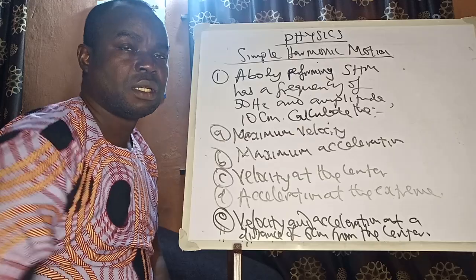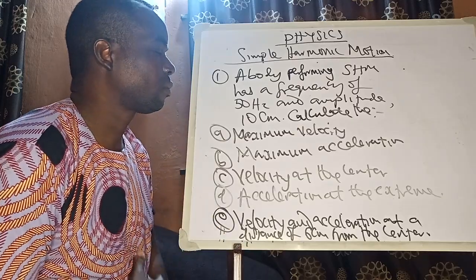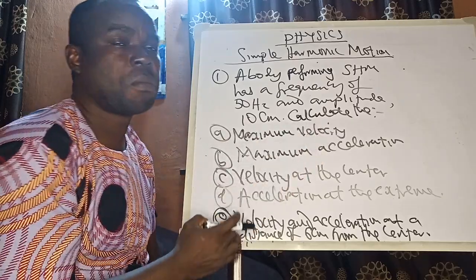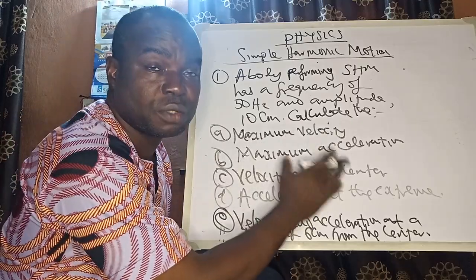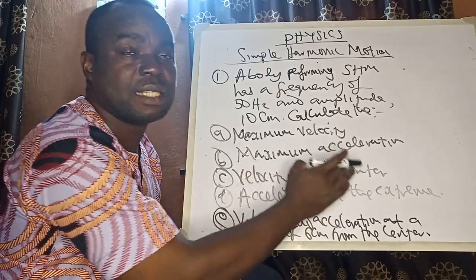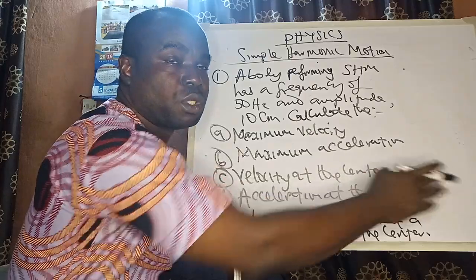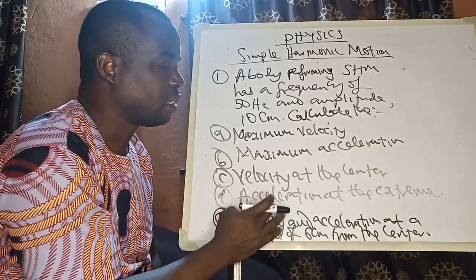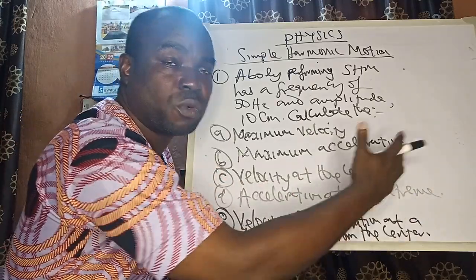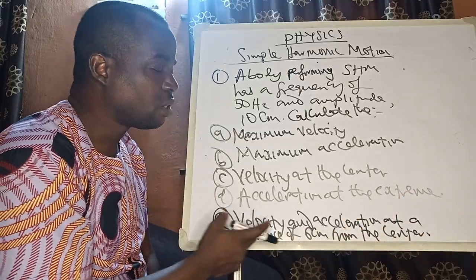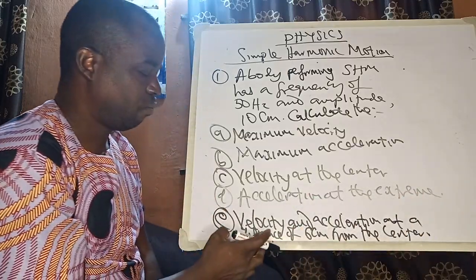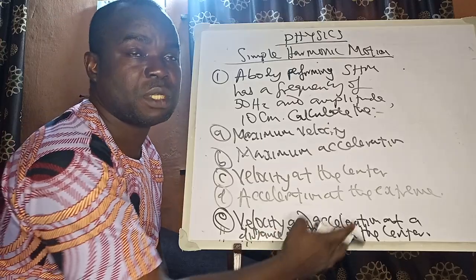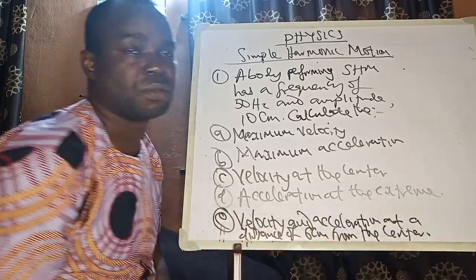All right. Now, we are to calculate maximum velocity, maximum acceleration, velocity at the center of the path of oscillation, acceleration at the extreme of the path of oscillation, velocity and acceleration at a distance of 6 cm from the center of the path of oscillation.